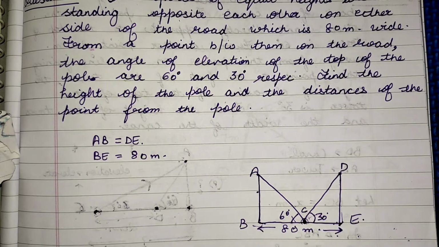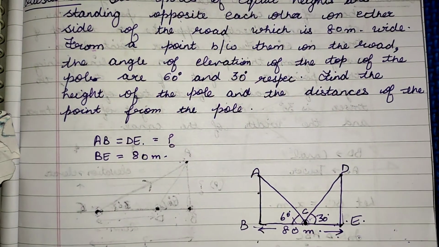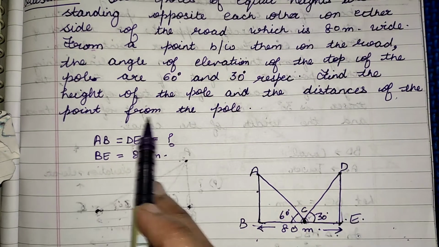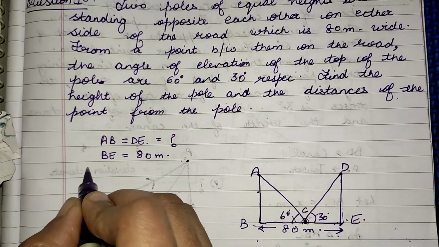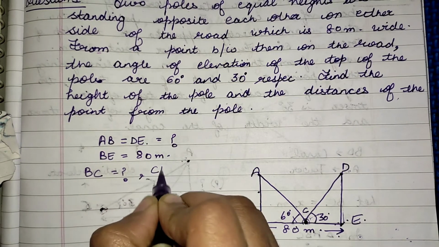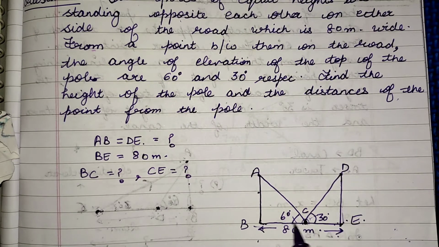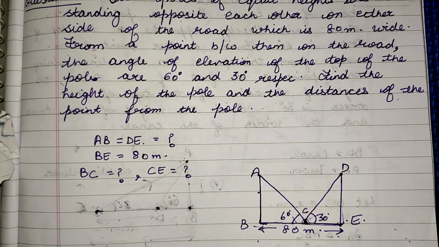Find the height of the pole. We have to find out AB and DE and the distances of the point from the pole. Means we have to find BC is equal to question mark and CE is equal to question mark, the distance of the point from both the poles.